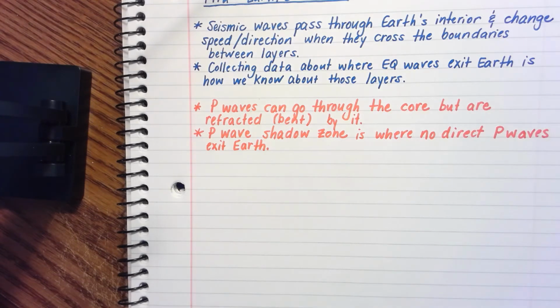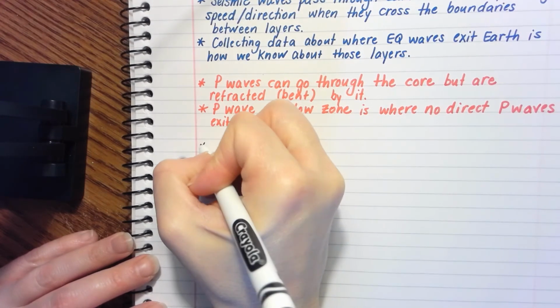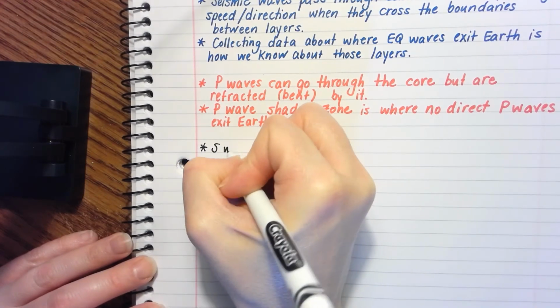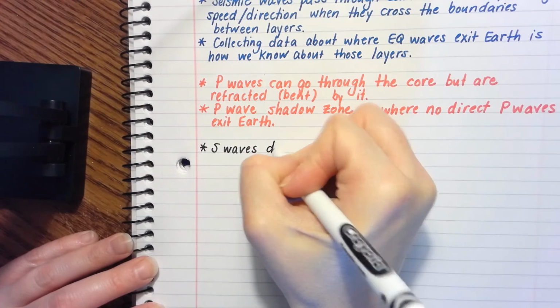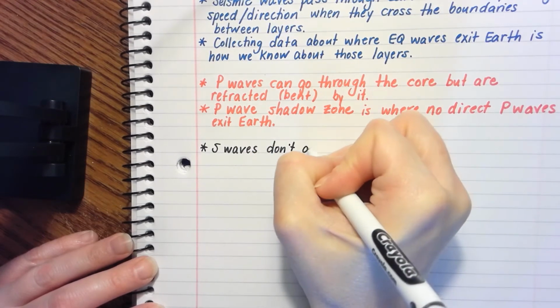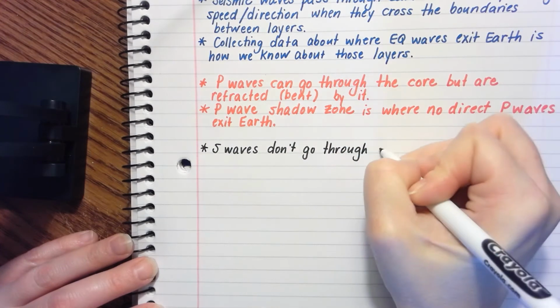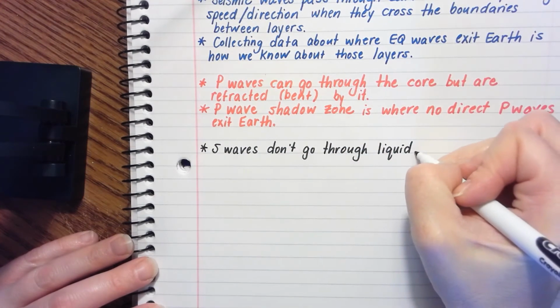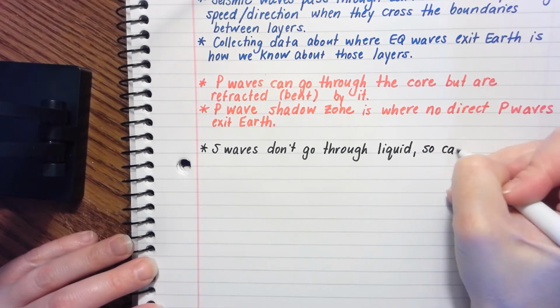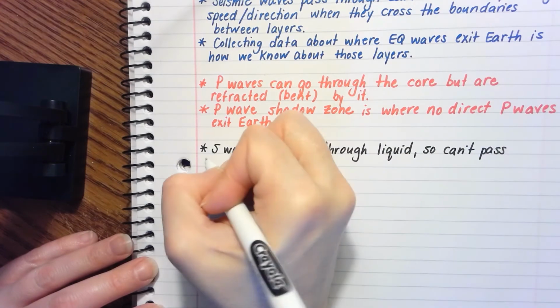S waves are a little bit different. S waves don't go through liquid. So they can't pass through the outer core.